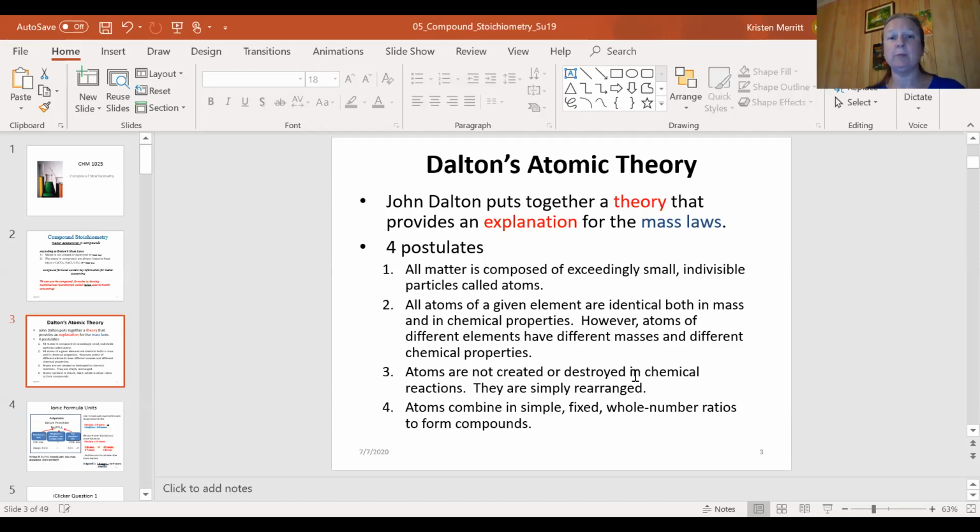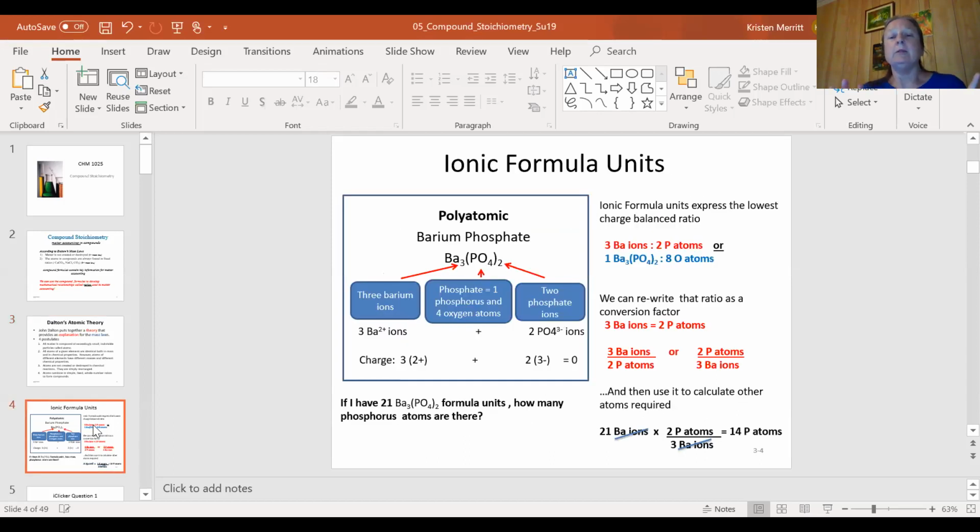And of course, atoms are not created or destroyed. This goes back to the first mass law. They are rearranged, and the whole number ratios, which we are going to use, and you're going to see how important that is. So this is stoichiometry. Stoichiometry is the ratio of atoms used with each other, of atoms, molecules, ions, elements used in a reaction.